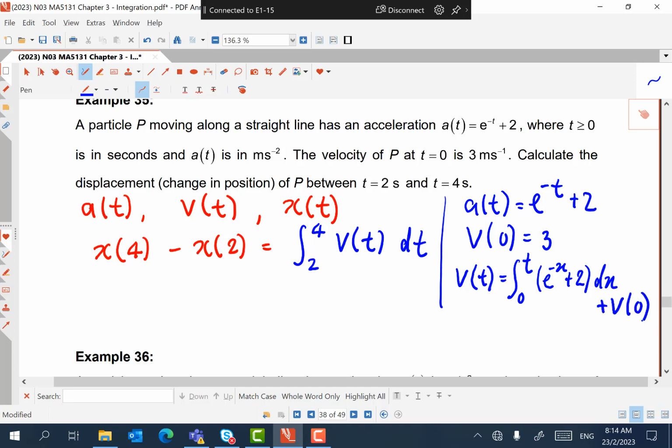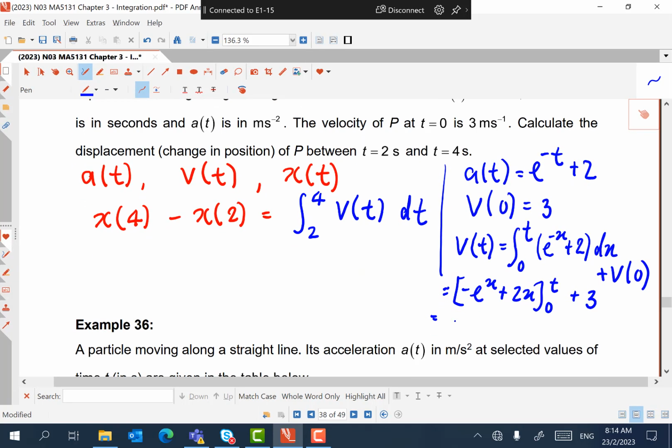If you intend to do it like this, you must make sure that the variable names are written carefully. I have decided to use the dummy variable x instead of t to avoid the confusion on the use of variable. So from here, I can actually perform my integration, from 0 to t of minus e to the x plus 3, and then this gives me minus e to the t plus 2t plus 4.